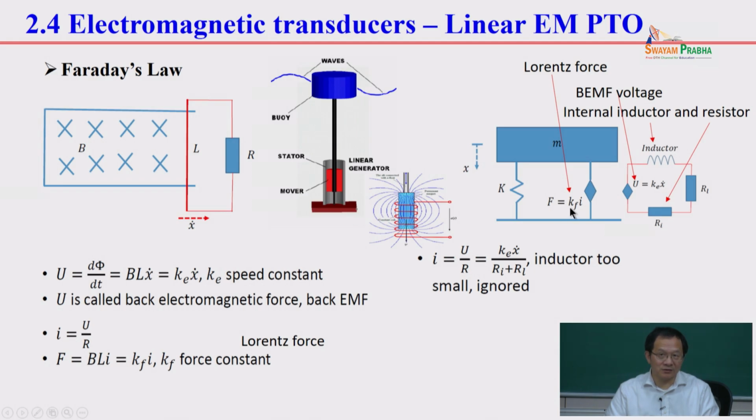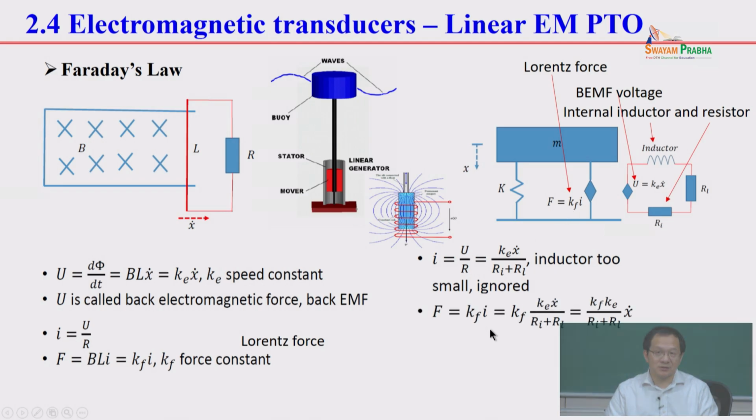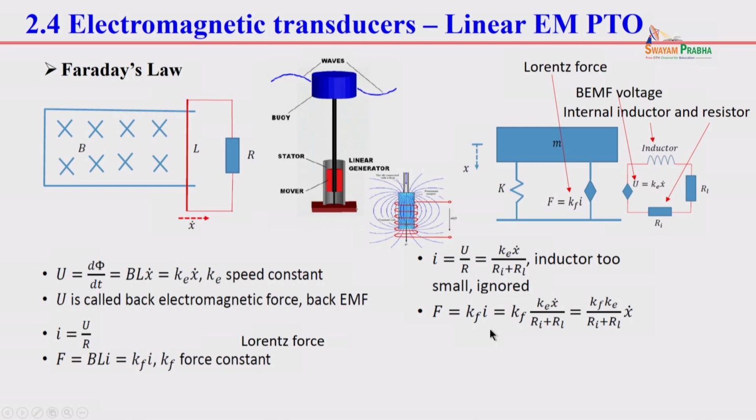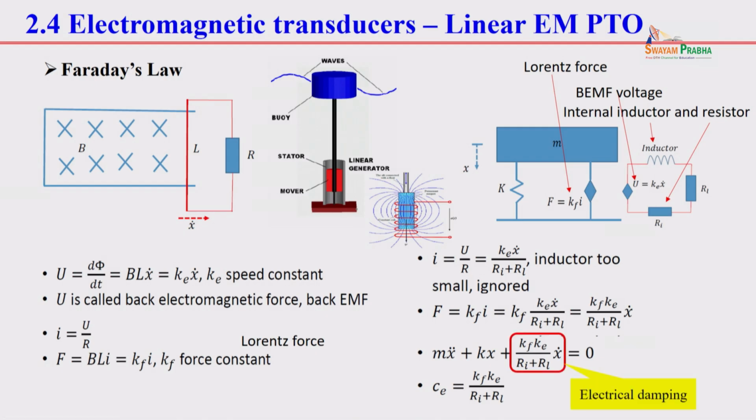You can calculate the force. The force is K_F times I. So what does it look like? This force is proportional to the velocity, and that's what we call electric damping. You have this energy, you have a linear transducer here, and it generates a force proportional to the velocity.